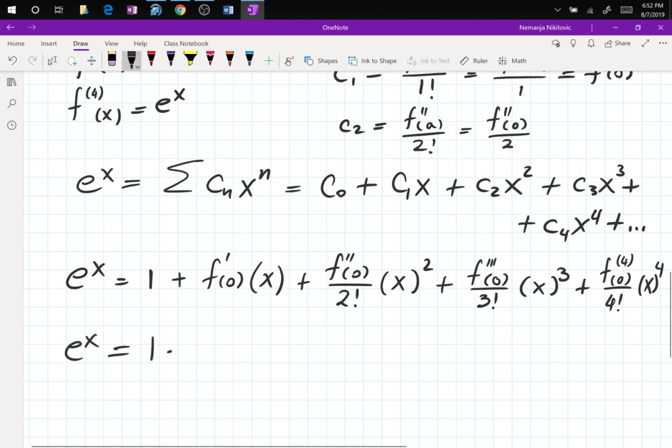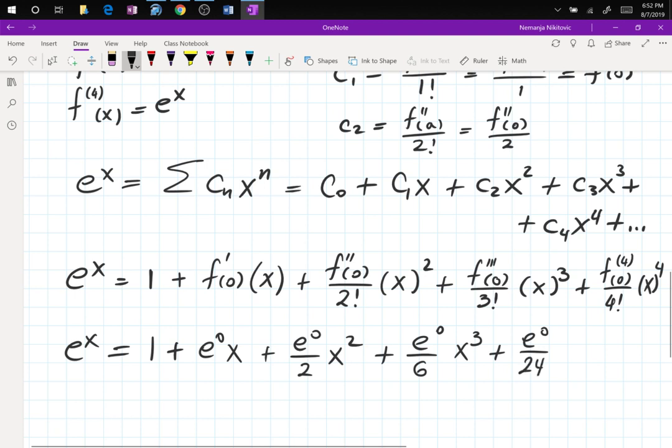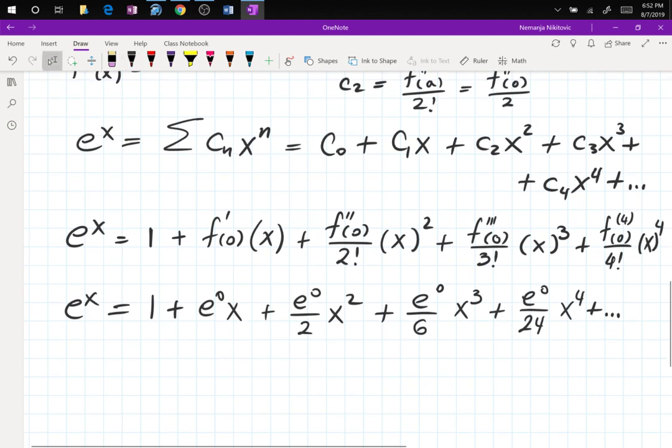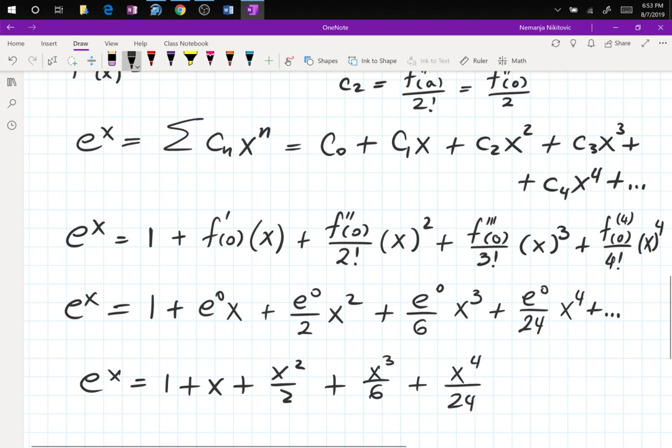So e to the x is equal to 1 plus e to the 0 times x, plus e to the 0 over 2 times x squared, plus e to the 0 over 6 times x cubed, plus e to the 0 over 24 times x to the 4, plus dot dot dot going to infinity. e to the 0 is 1, so e to the x is given by 1 plus x plus x squared over 2 plus x cubed over 6 plus x to the 4 over 24 plus dot dot dot going on forever.